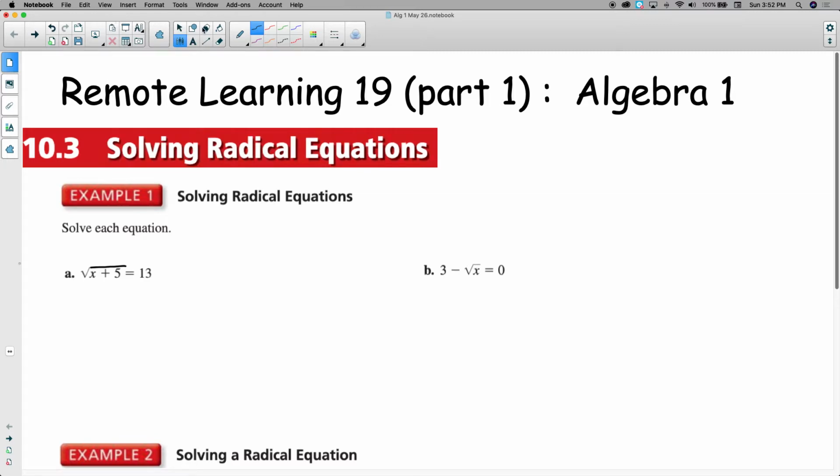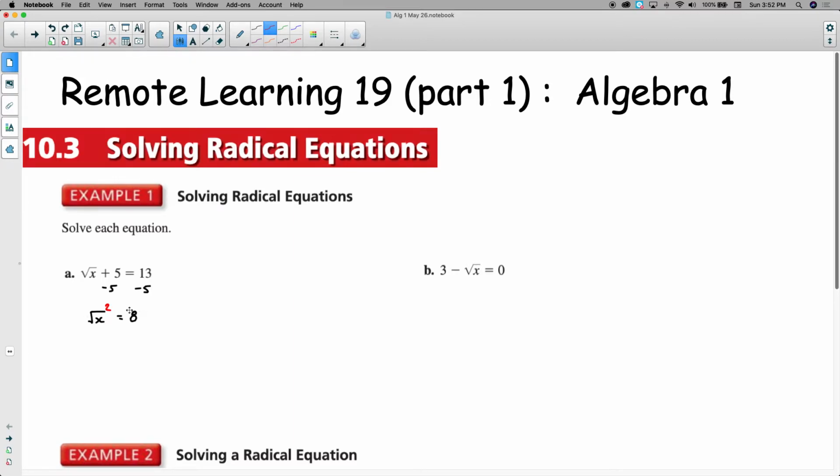All right, so fine, the plus 5 is not in the square root, so I got to get rid of the plus 5. So let's minus 5, as would sort of normally be the case. And then I've got 8 over here. Okay, well, how do you get rid of square roots? What's the opposite of square rooting?